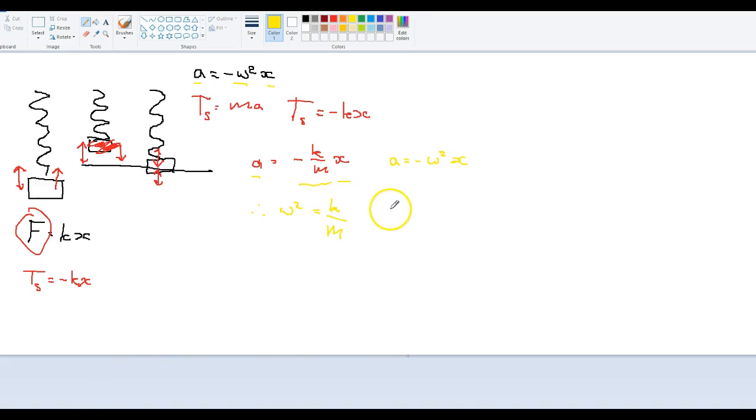From our circular motion equations, we know that omega is equal to 2 pi f, and we know that f is equal to 1 over T, and therefore omega is equal to 2 pi over T, and if we square that, that's 4 pi squared over T squared.